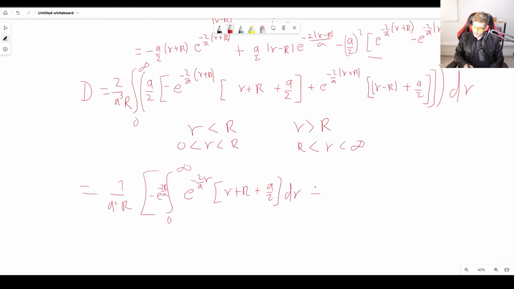And now comes the first of the other integrals, from 0 to big R. In this regime, small r is smaller than big R, and for that reason, the absolute value would be negative. So we need to put a minus sign in front. So we get e to the 2r over a, the minus sign in front cancels out that other minus sign, times r plus... Whoa, I just noticed, there's a mistake here.